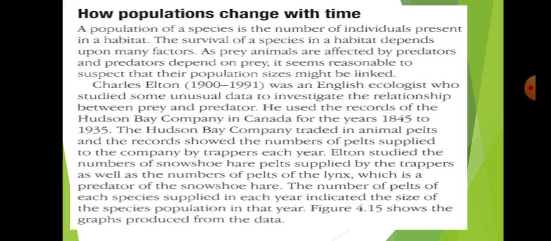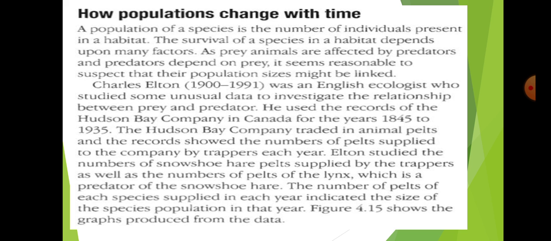Charles Elton was an English ecologist who studied some unusual data to investigate the relationship between prey and predator. He used the records of the Hudson Bay Company in Canada for the years 1845 to 1935. The company traded in animal pelts, and the records showed the number of pelts supplied to the company by trappers each year.